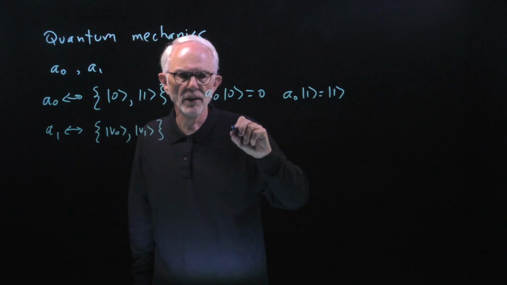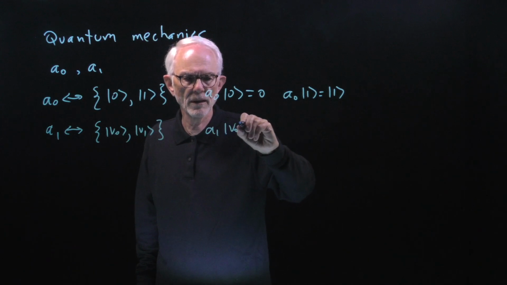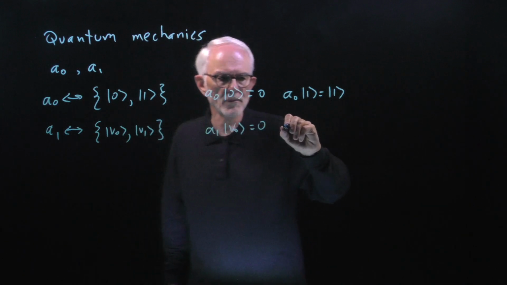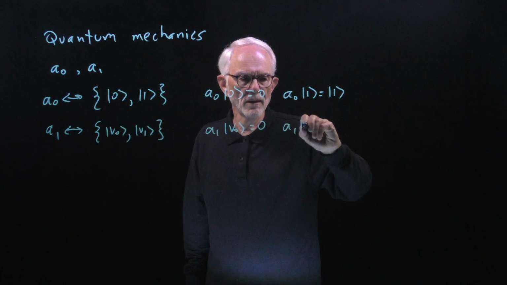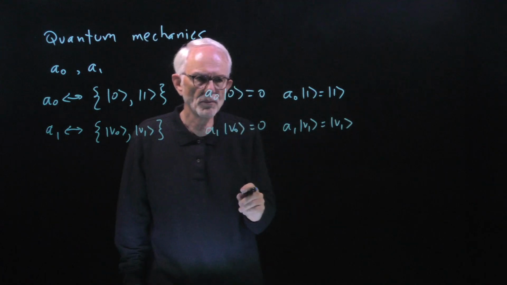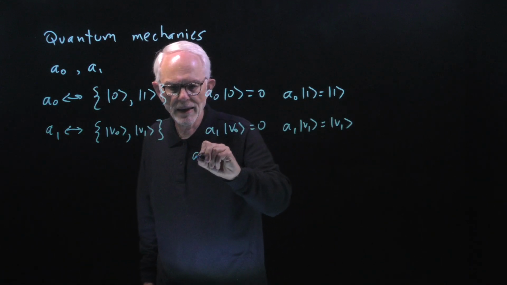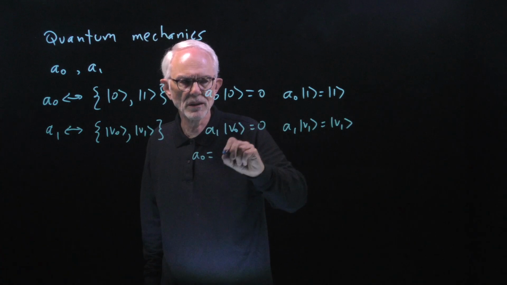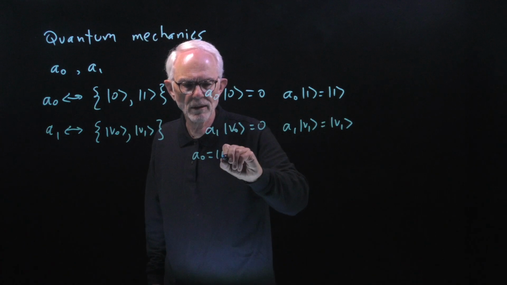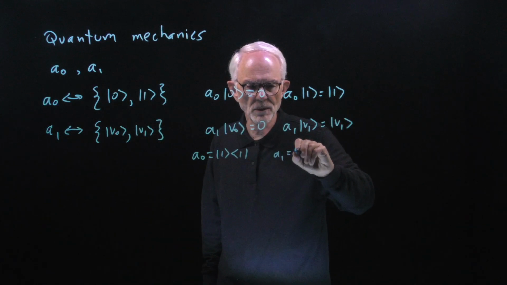And we will have that A1 acting on V0 equals 0, and A1 acting on V1 equals V1. So what that means is that I can choose A0 to be simply the projector onto 1, and A1 to be the projector onto V1.